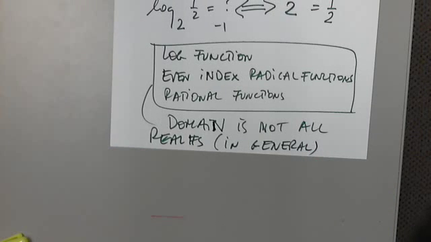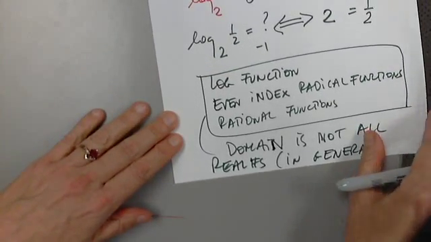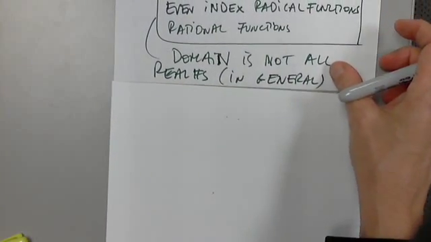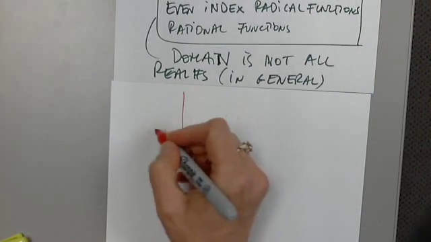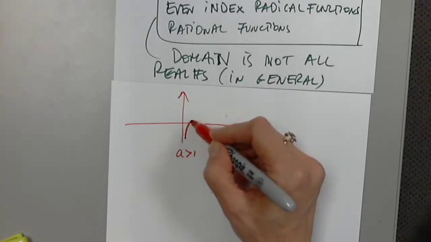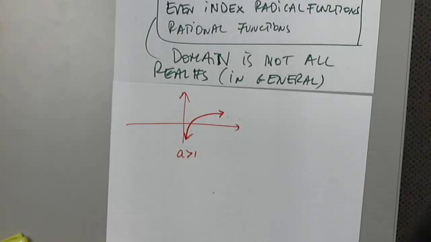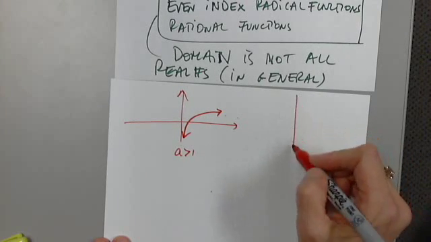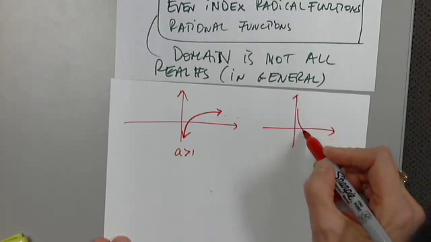The best way to remember this is I have to worry about these. I have to study their domain. So that's my next step. I would like to study the domain of a couple of log functions. So let me remind you the graphs. If the base is greater than 1, the graph is this. If the base is less than 1, the graph is this.